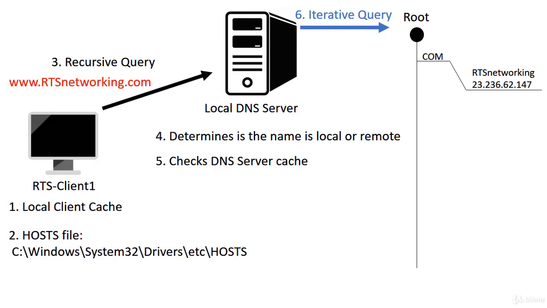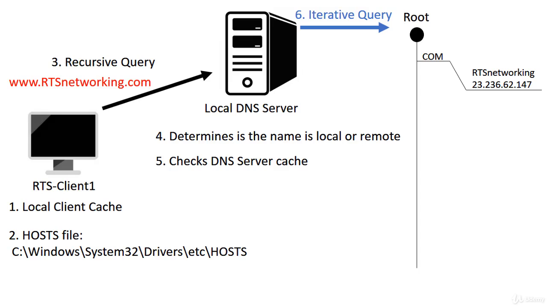Step 6 is an iterative query, often referred to as a simple query. This iterative or simple query will pass a request to the root of the internet. The root of the internet is always represented by a dot. That root is actually a collection of DNS servers that hold all the records for all the internet-based public top-level domains.